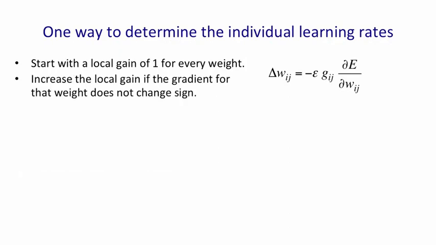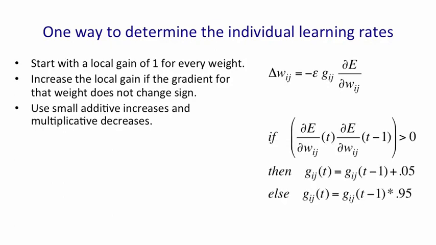We're going to increase g_ij if the gradient for the weight does not change sign. And we're going to use small additive increases and multiplicative decreases. So if the gradient for the weight at time t has the same sign as the gradient for the weight at time t minus 1, where t refers to weight updates, then when you take their product, it'll be positive, because you'll either get two negative gradients or two positive gradients.